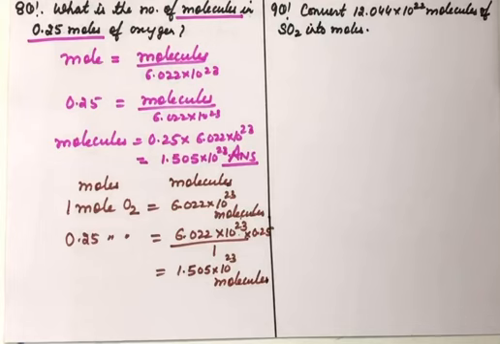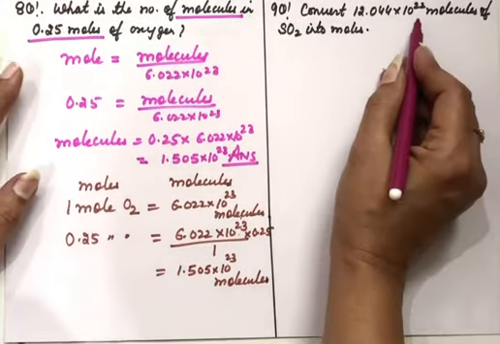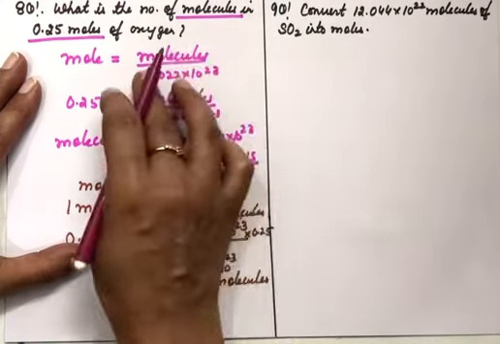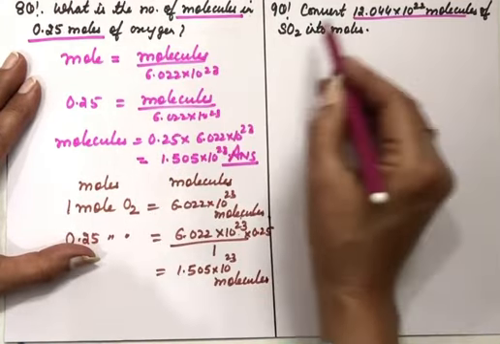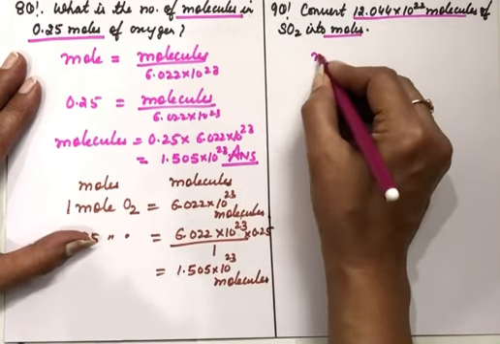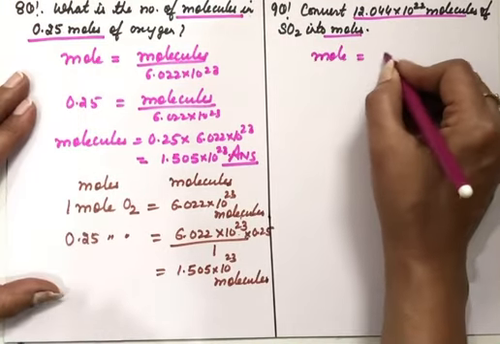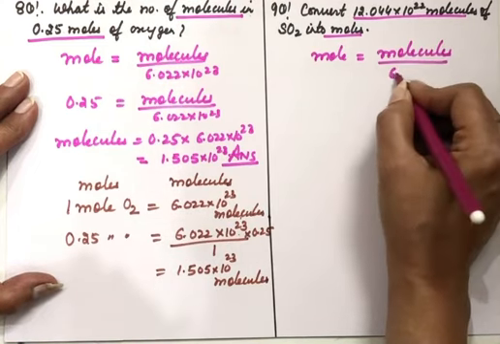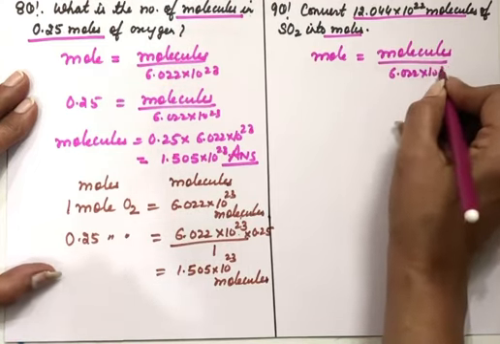Next question, convert 12.044 into 10 raised to power 22 molecules of SO2 into moles. Just like the previous question, we have molecules and moles. The formula is the same: mole equal to molecules upon Avogadro number.